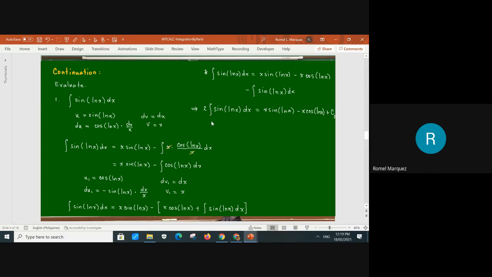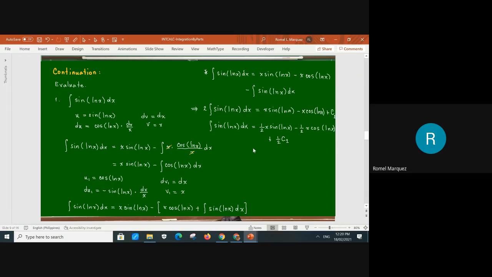So dividing by 2, we get the integral of sine of ln x on the left side. On the right side, dividing also by 2, we have 1/2 x sine of ln x, minus 1/2 of x cosine of ln x, then plus c sub 1 over 2, or 1/2 c sub 1.